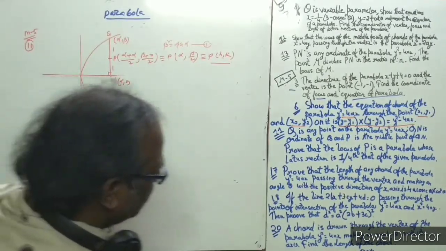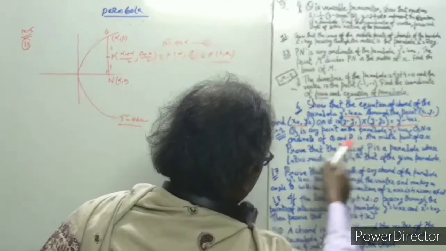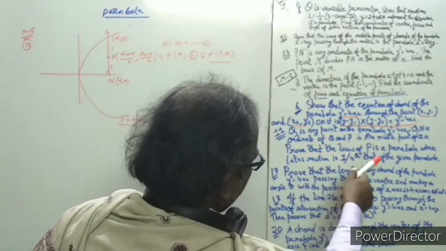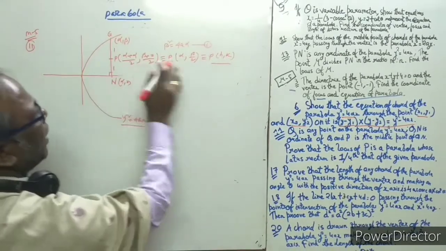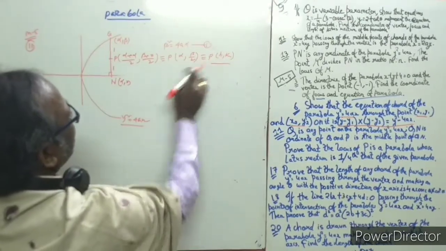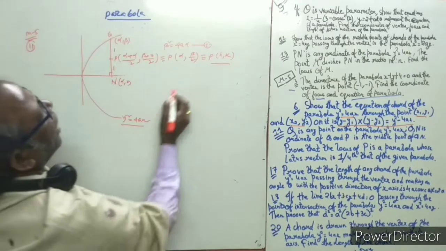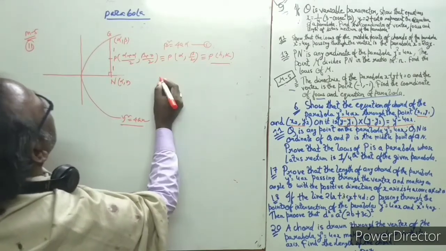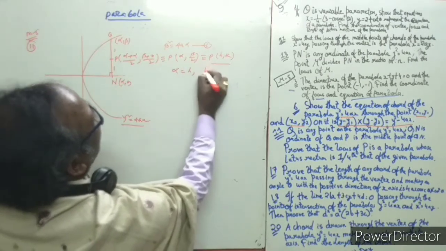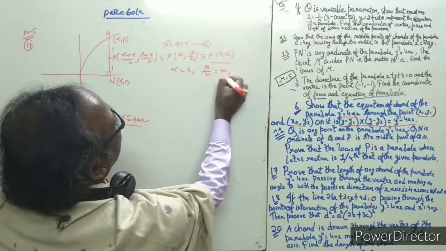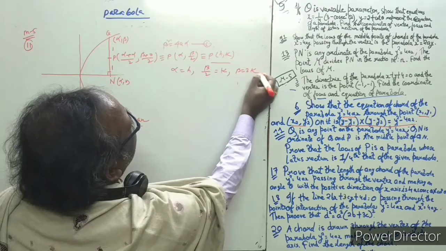Then the locus of P is a parabola. So find the parabola equation, that is, find the locus of the point P. Then alpha is equal to h here, and beta by 2 is equal to k here. So beta is equal to twice k.